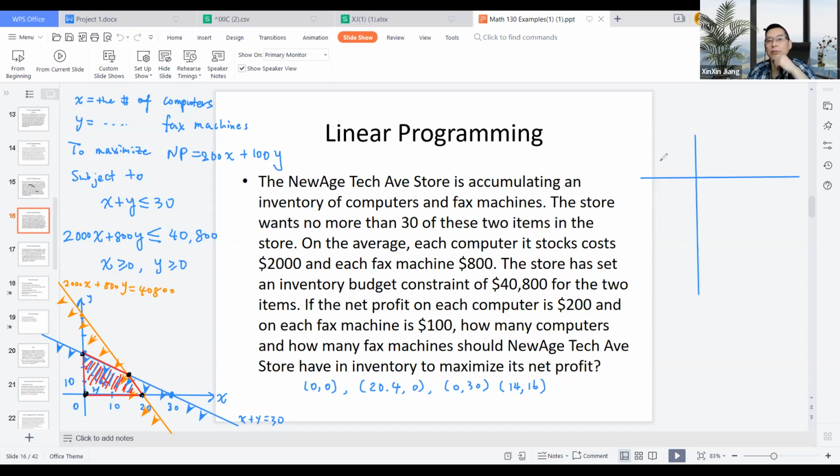And I'll put corner points, CP, and we have the objective function, P equals 200x plus 100y. Okay, and I'll list all of them. These are all the corner points.